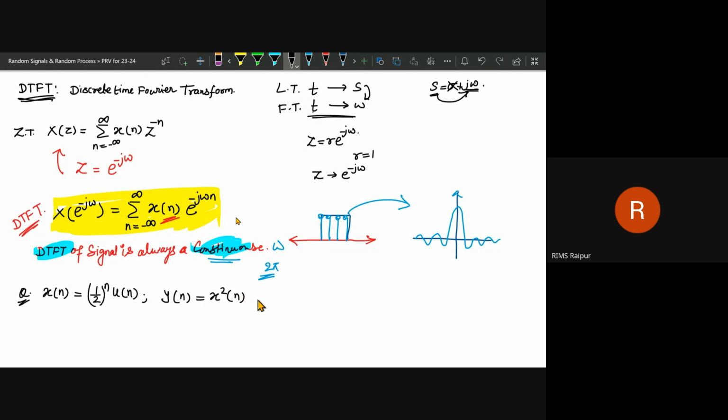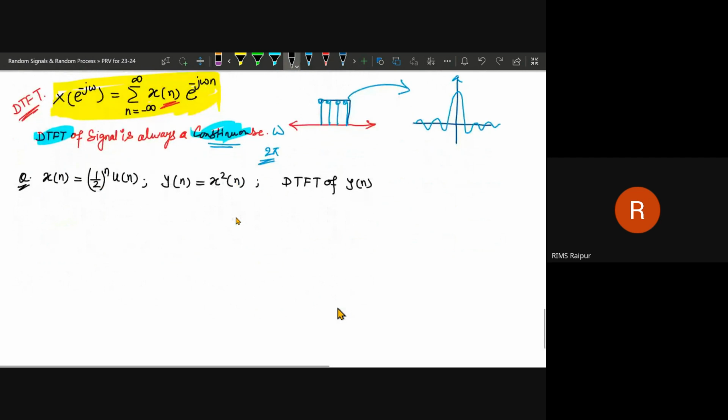You have to find the discrete time Fourier transform of y of n. Now, how can we calculate it? First, we have to find the mathematical expression for y of n, because the expression for x of n is given to us.